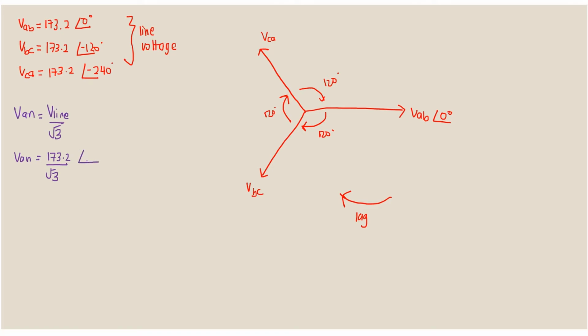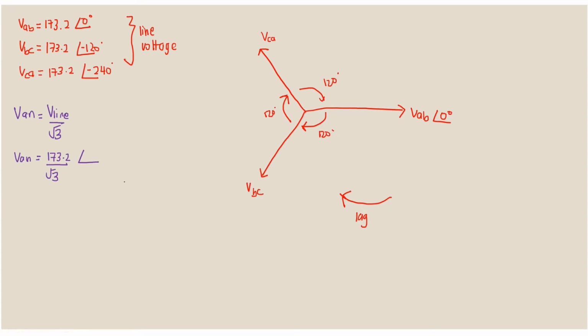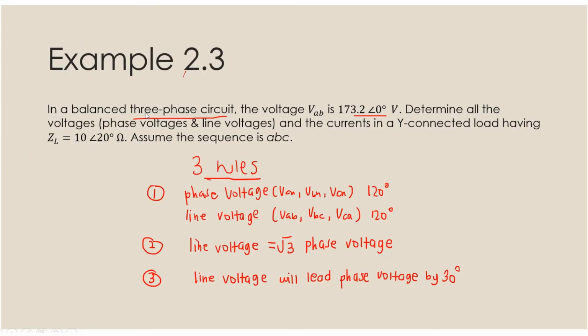For the angle of VAN, remember rule number 3: the line voltage will lead the phase voltage by 30 degrees.